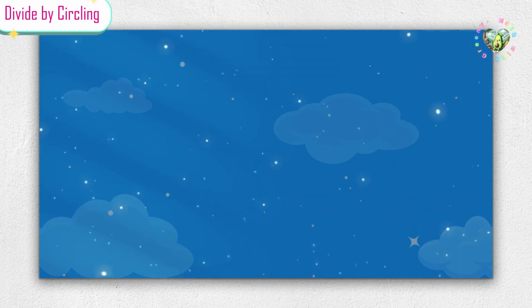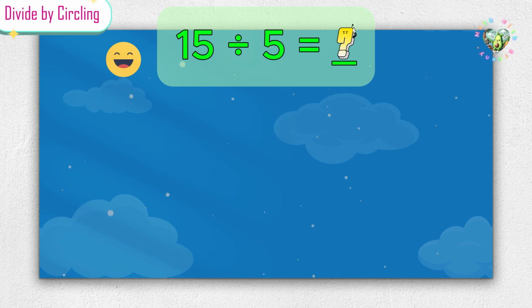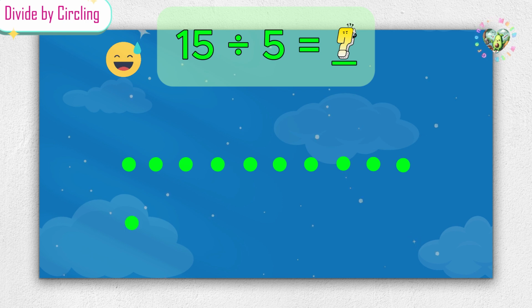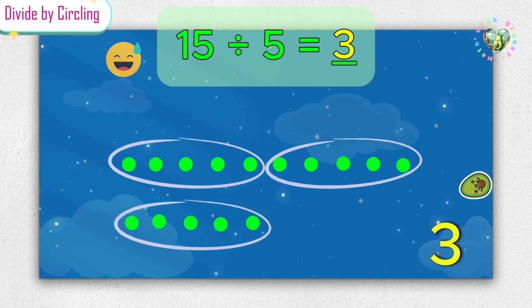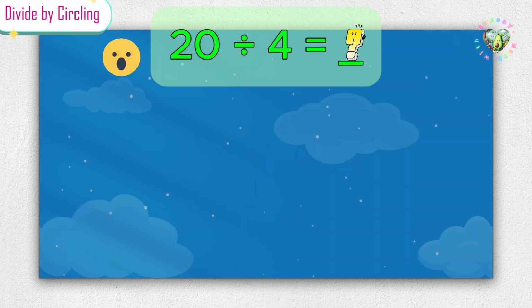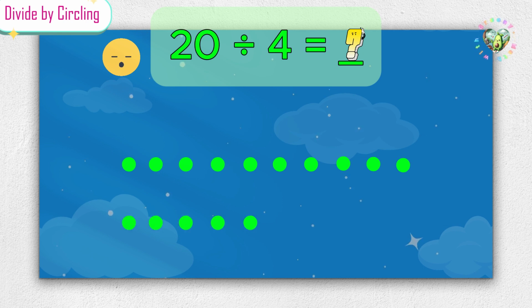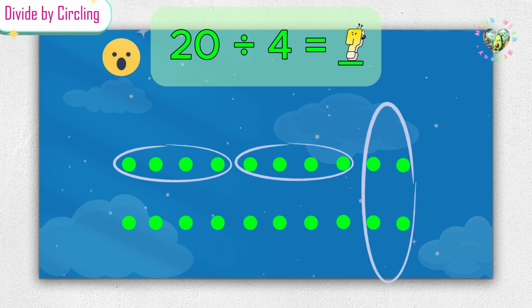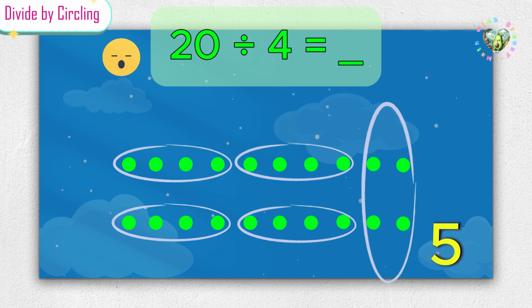Four. 15 divided by 5. Three. 20 divided by 4. It's 5.